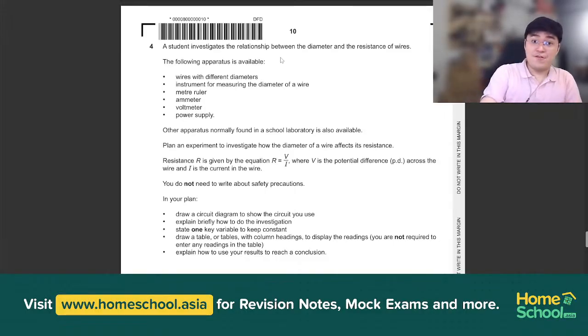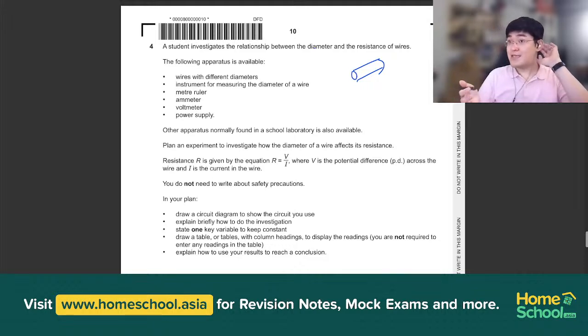For this question, the student investigates the relationship between the diameter and resistance of wires. So he's trying to find whether the diameter of a wire affects the resistance of the wire. Of course, we know from our textbooks that the thicker the wire, the bigger the diameter, the lower the resistance.